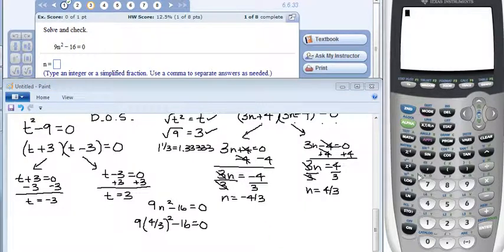Just let the calculator do the grunt work here. 9 times parenthesis 4 divided by 3 parenthesis squared minus 16, 0. Okay, that's what you're looking for. And then I would do it again for the negative 4/3. But negative 4/3 and a positive 4/3 both squared are the same number, so that's why it works. So sometimes you won't be able to check them with the calculator as far as the exact answers. All right?